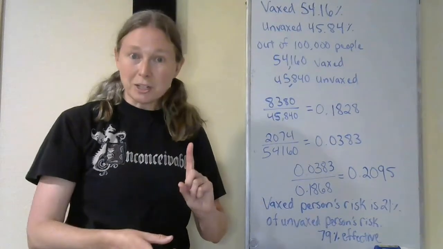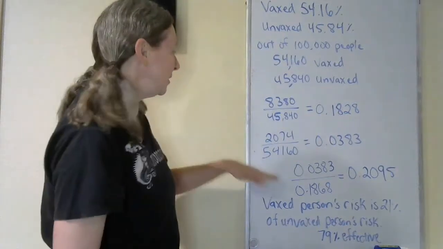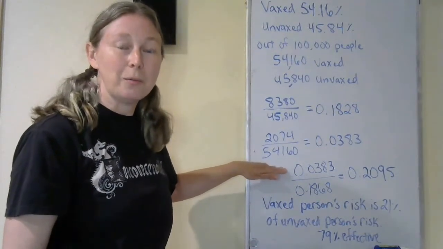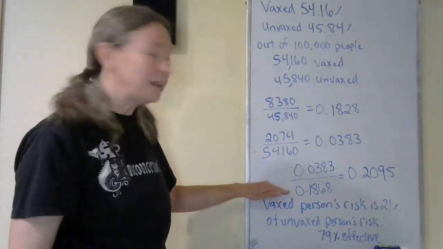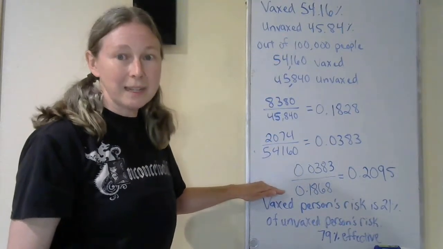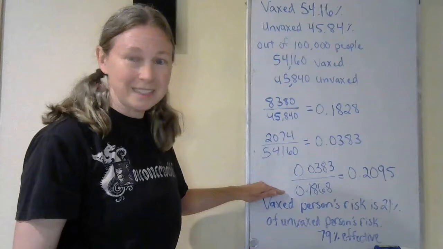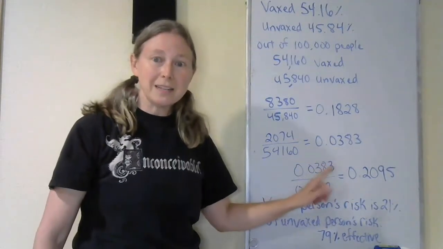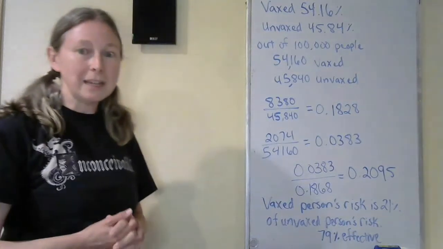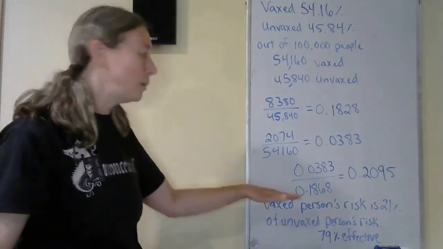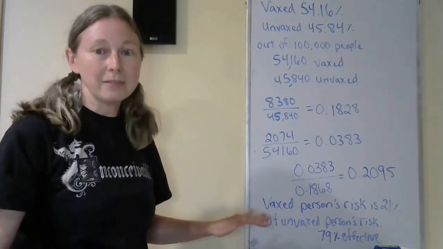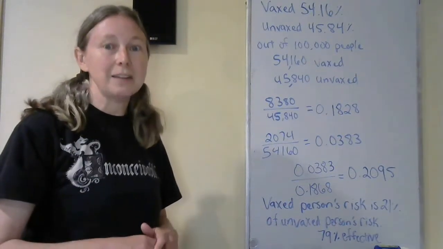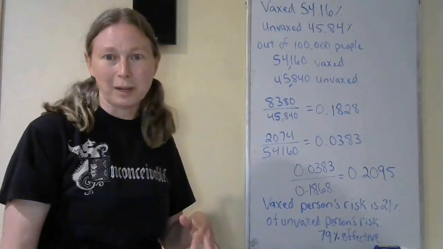Then you take that ratio and turn it into a percent. So you take the probability that you've been diagnosed with COVID while vaccinated and divide it by the probability that you've been diagnosed with COVID while unvaccinated. If you divide those two numbers, then you get a ratio. The vaccinated person's probability of being diagnosed with COVID, their risk, is 21% of the risk of the unvaccinated person. So I would call that vaccine 79% effective, 100 minus 21.